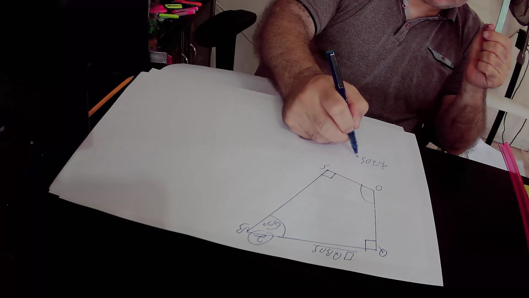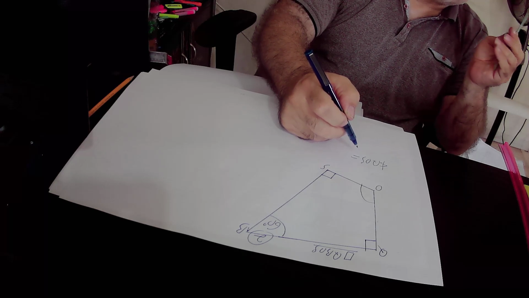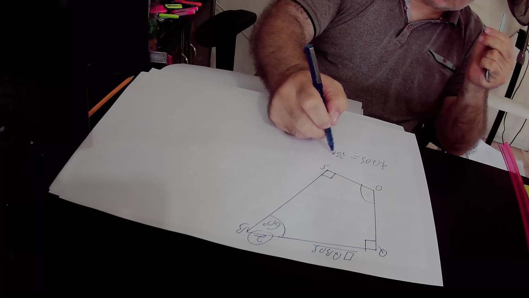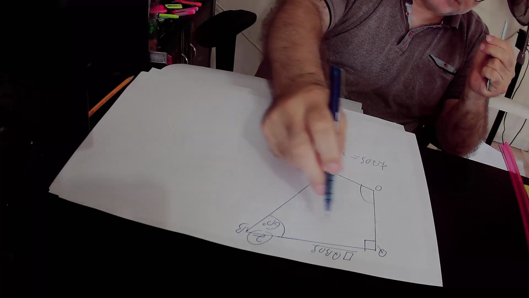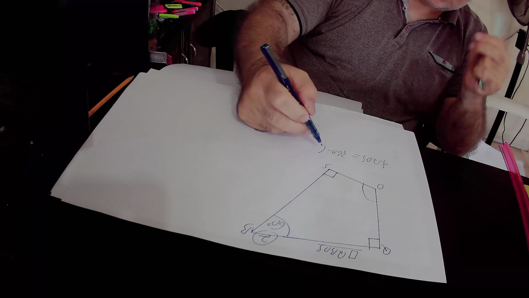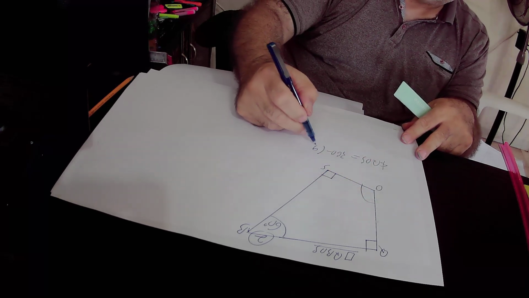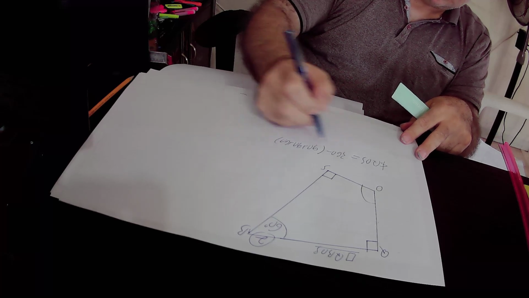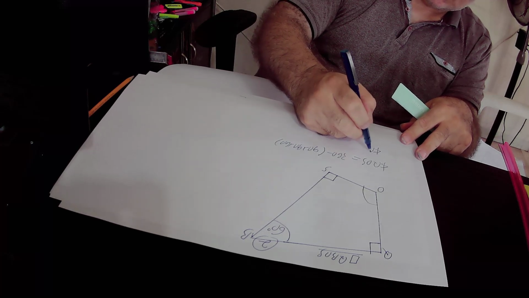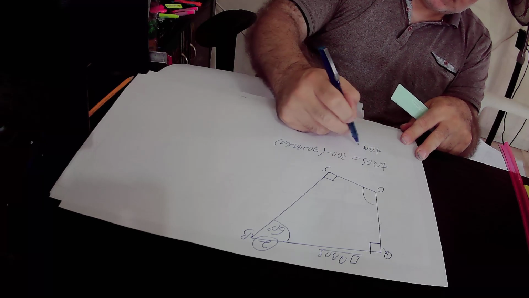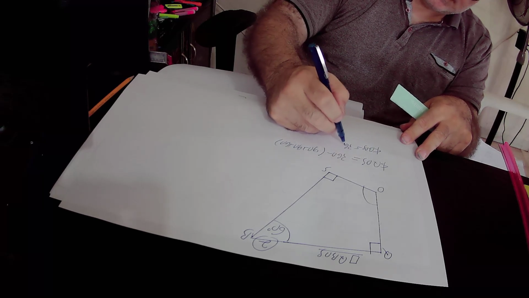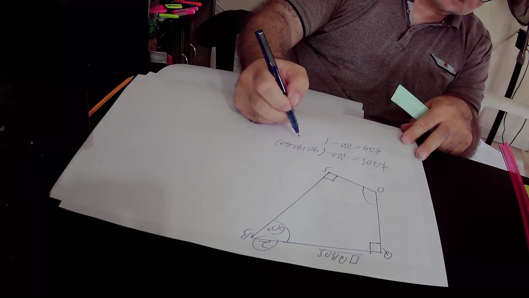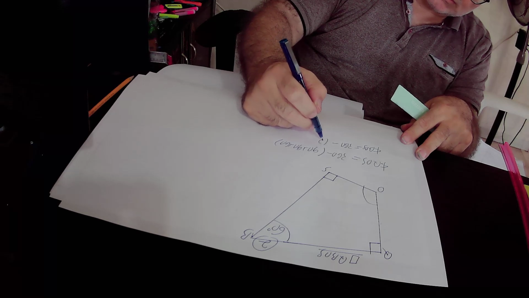Angle QOS equals the sum of the angles in this quadrilateral, that is 360 degrees, minus the sum of the three other angles, minus the sum of 90 degrees plus 90 degrees plus 60 degrees. Okay, so the missing angle QOS equals 360 degrees minus, 90 degrees plus 90 degrees is 180 degrees, and 180 degrees plus 60 degrees is 240 degrees.